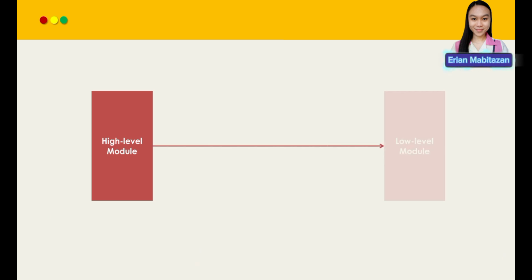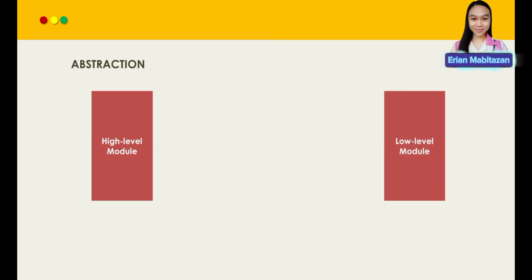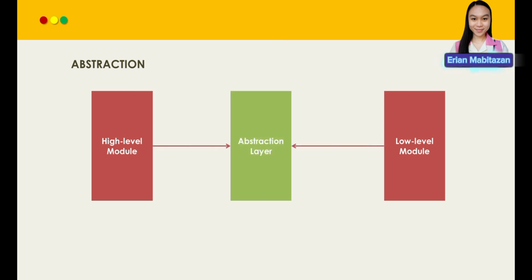For example, rather than having a high-level module directly depend on a specific low-level module, the higher-level module should depend on an abstract interface that the low-level module implements. This allows for swapping out different implementations of the low-level module without needing to modify the high-level module, as long as they adhere to the same interface.